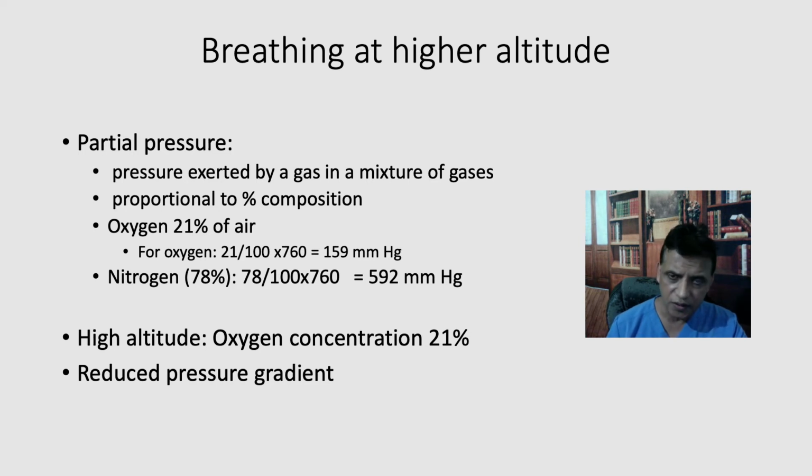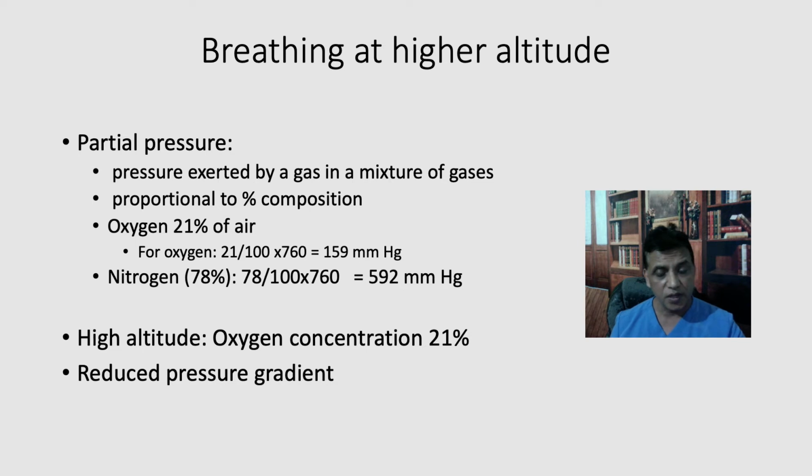pressure gradients. Air flows along pressure gradients from a region of high pressure to a region of low pressure. So briefly, when we are breathing in or during the inspiratory phase, the diaphragm contracts. This contraction in diaphragm leads to increase in intrathoracic volume.